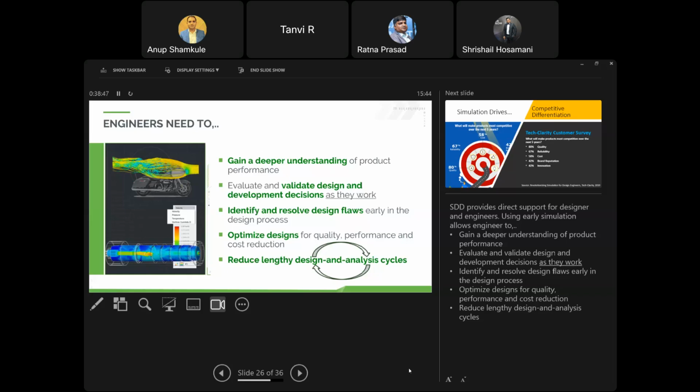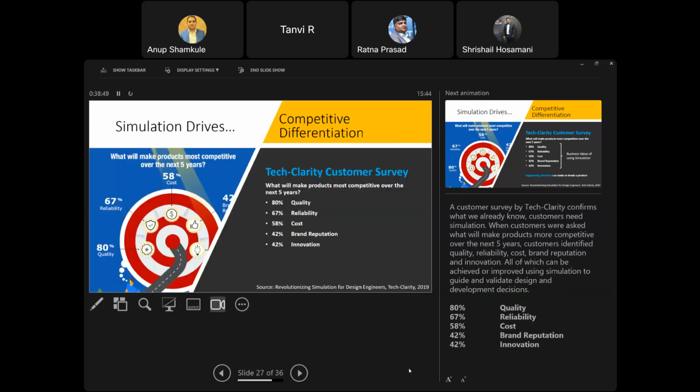If you look at this example, this is one customer survey by Tech Clarity. This is a study on what the competitive differentiation is. What we already know is that customers need simulation.